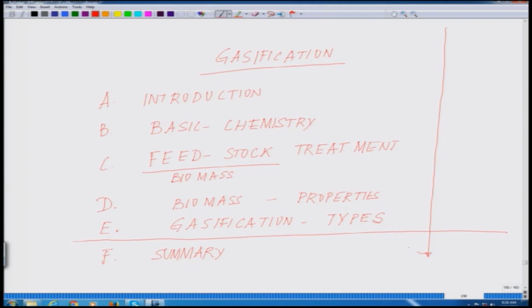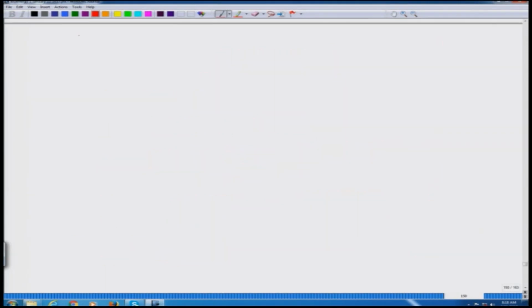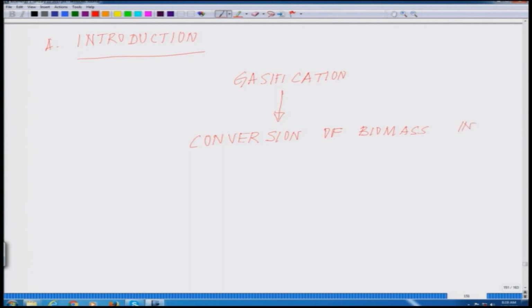Now, talking about the introduction, what is gasification by definition? Gasification is a process of conversion of biomass into a combustible gas mixture.